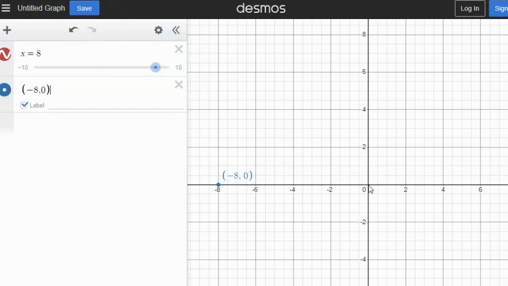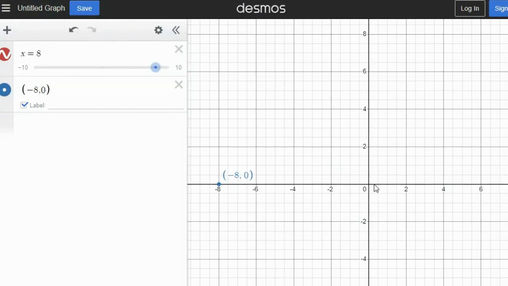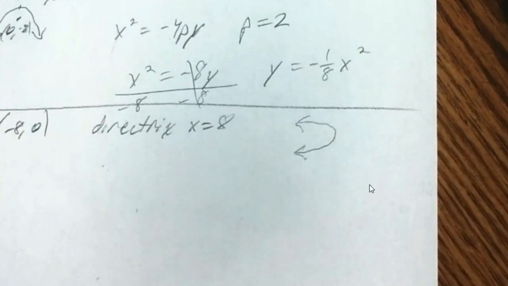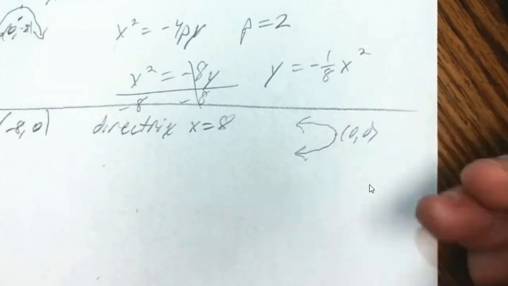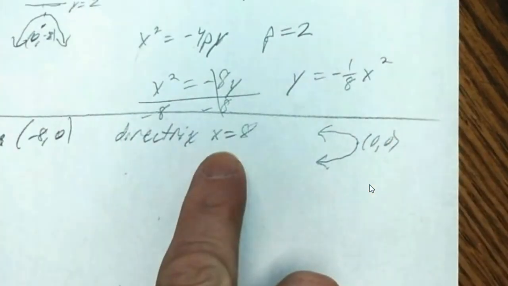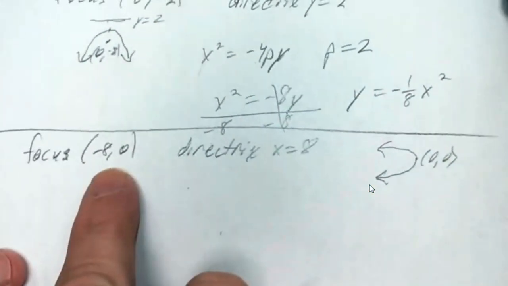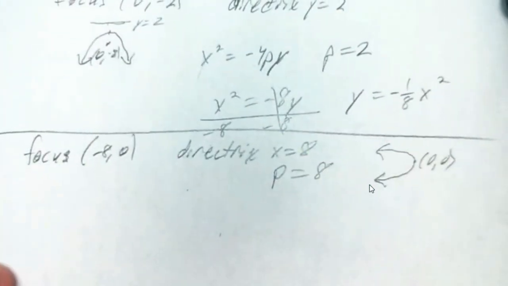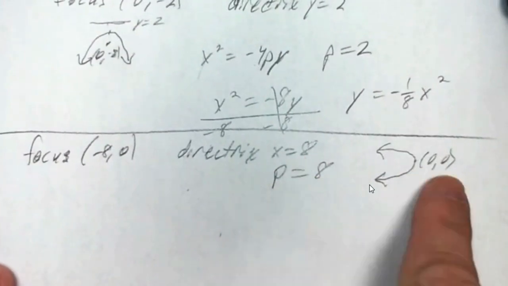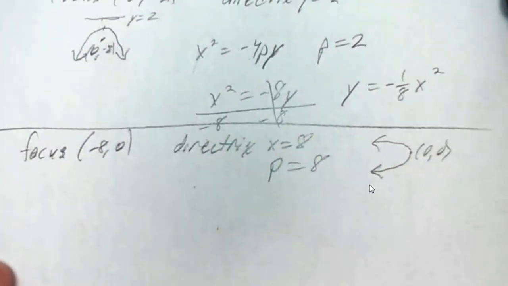Well, halfway between -8 and +8, the vertex has to be at 0, 0. So this is going to be a 0, 0 vertex, which simplifies things. Since the directrix is 8 away from that, and the focus is -8 away from that, p equals 8, because that's the distance from the vertex to either one of those.